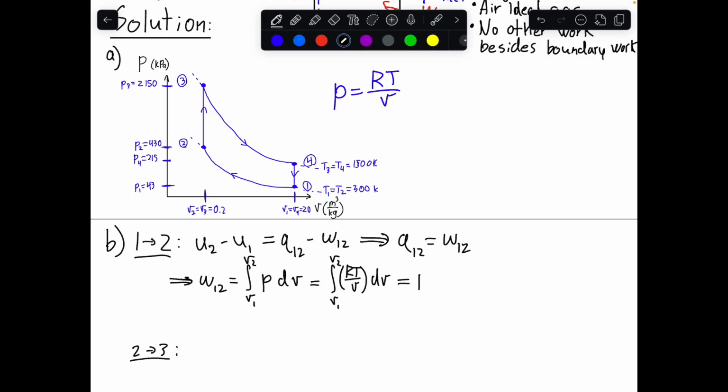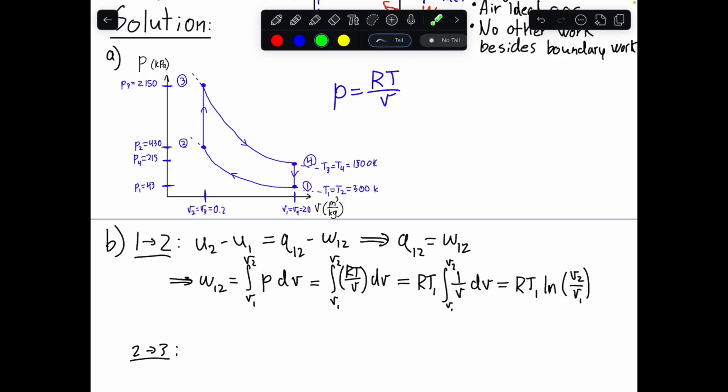That will be R times T1 or T2, they're the same, so it doesn't matter, times this integral of 1 over V dV from V1 to V2. And we need to remember that this integral is evaluated as natural log. So this is going to be equal to R times T1 times the natural log of V2 over V1.